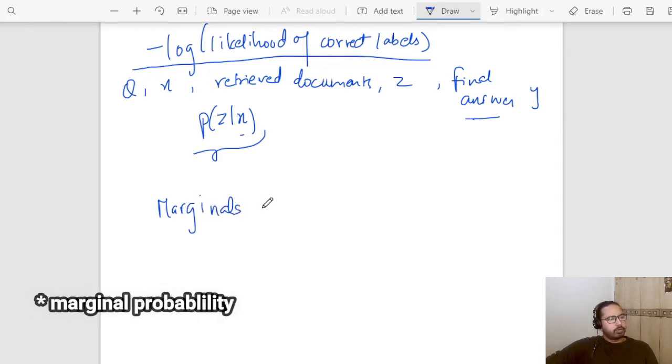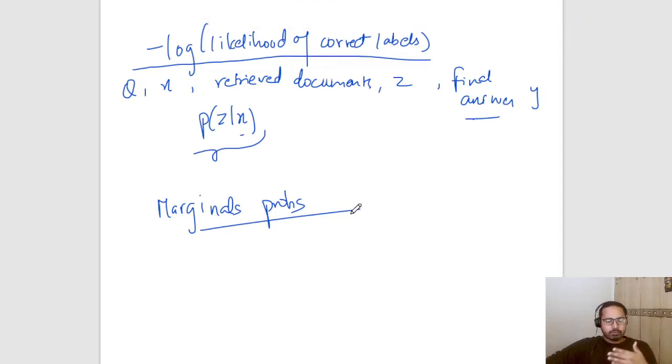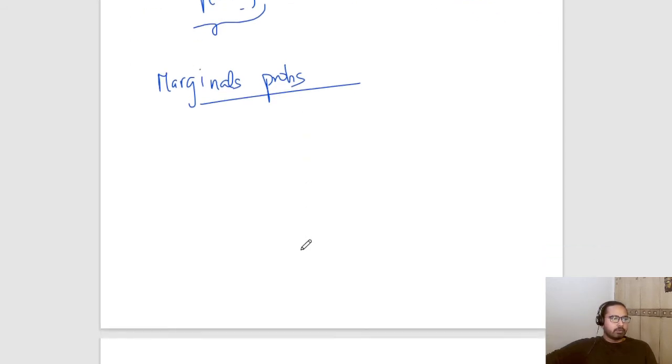Marginal probability is the unconditional probability of an event or a variable, irrespective of any intermediate variables that could be there. Later in our case we'll see how we marginalize over the set of documents. But before that, a very quick and small example.